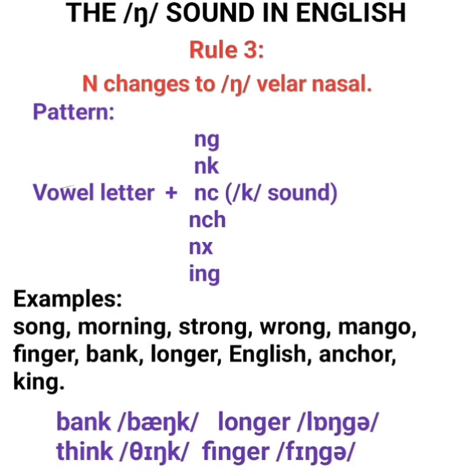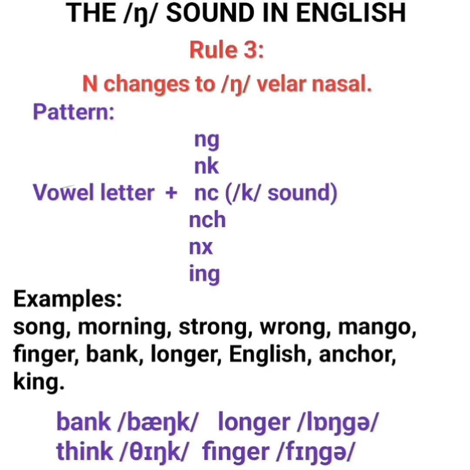Now look at your screen. Have you seen that this N is strange? It does not look like the normal N that we know, and that is known as the velar nasal sound. When do we have this? N changes to this symbol, the velar nasal sound, whenever we have NG, NK, NC, that gives a K sound, like ink.